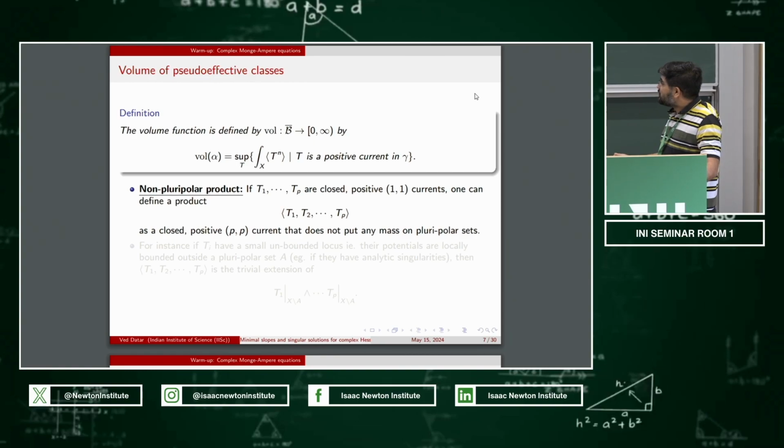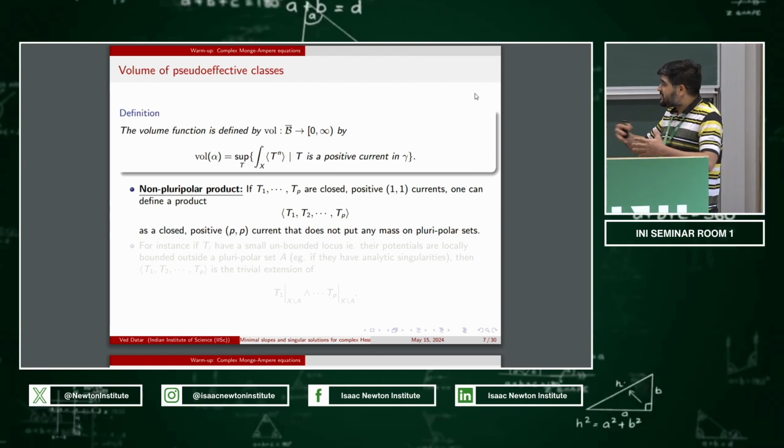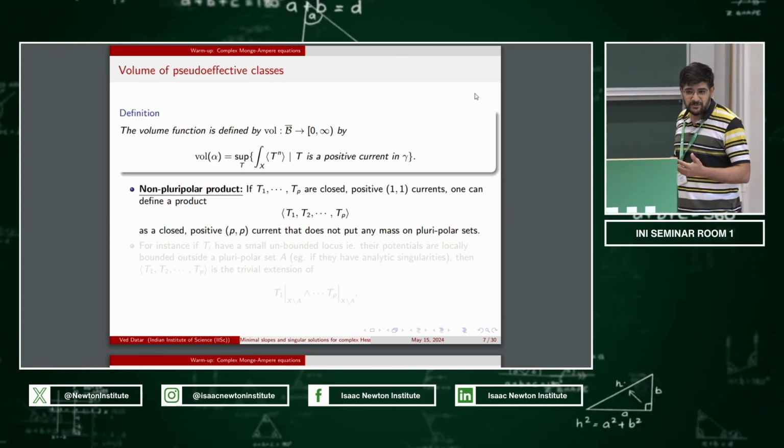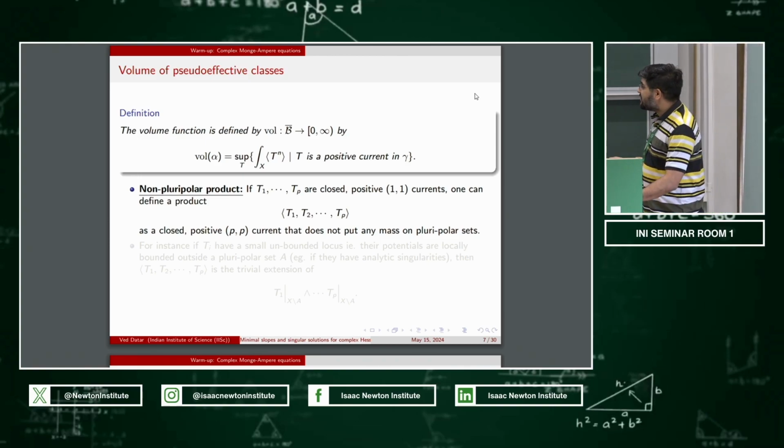The point is, if you have p closed positive (1,1) currents and you take the p-fold non-pluripolar product, it gives you a closed positive (p,p) current that does not put mass on pluripolar sets. So it basically ignores sets which are singular sets of quasi-PSH functions.